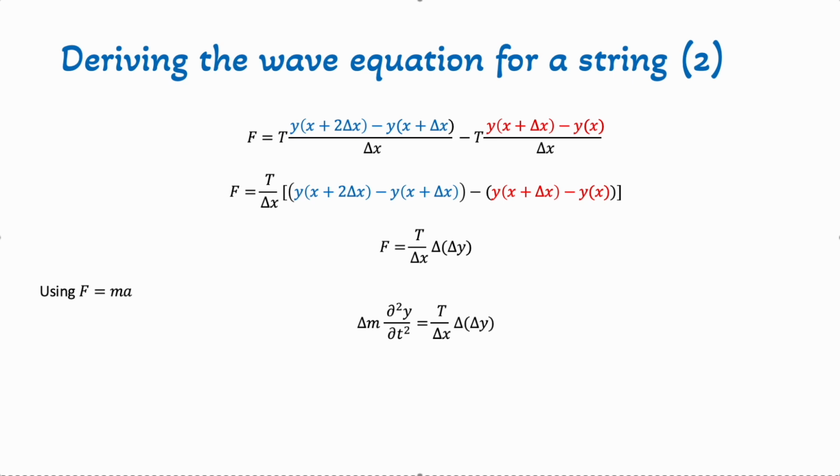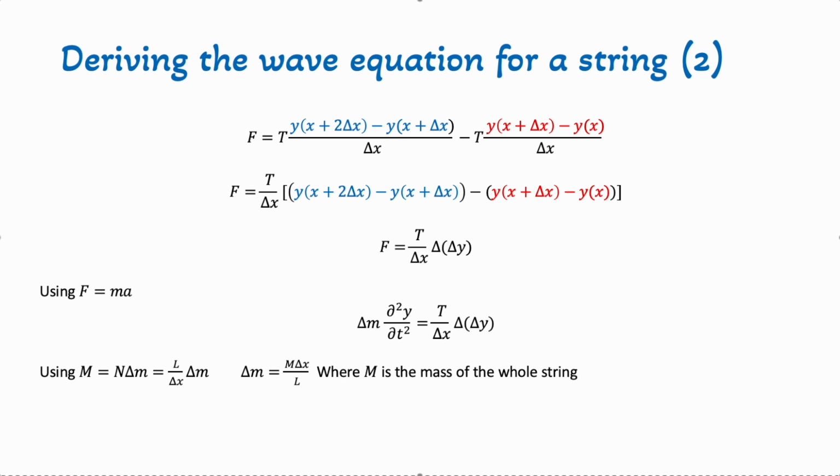Well, all of our little delta m's must add up to the total mass of the string, which I'm going to call capital M. So I can say capital M, the mass of the string, is equal to N, which is the number of little bits of mass, times the mass of each of those little bits of mass. And how many of those little bits of mass do I have? What's capital N?